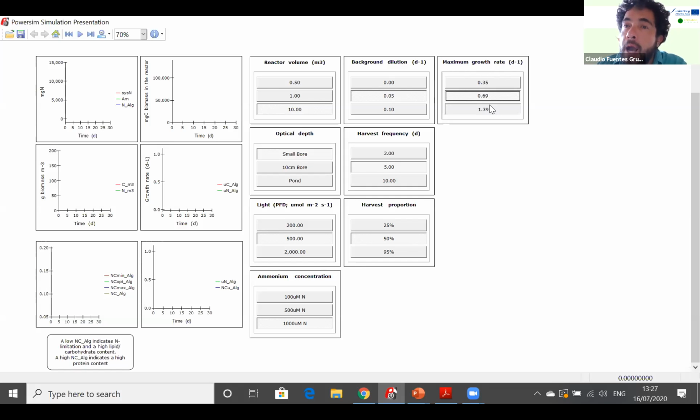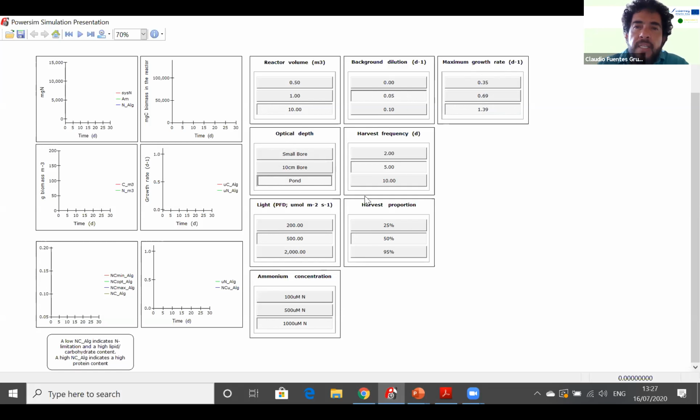We're going to grow a really good one, which is spirulina or Nostoc, with a maximum growth rate of 1.39. The normal standard growth rate is around 0.40, 0.50, something like that. And then the optical depth of a pond is normally between 20 and 30 centimeters in depth.